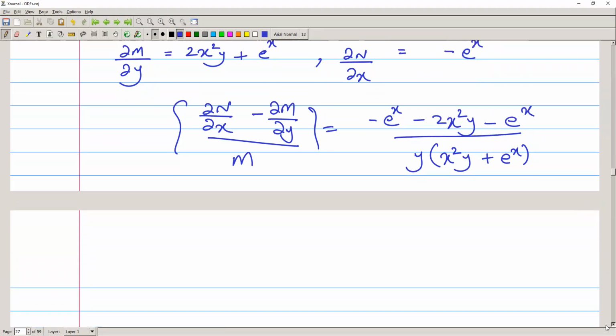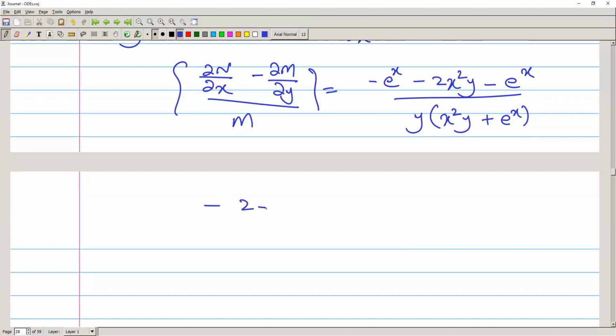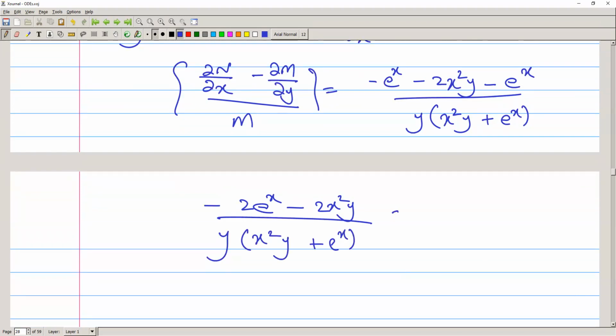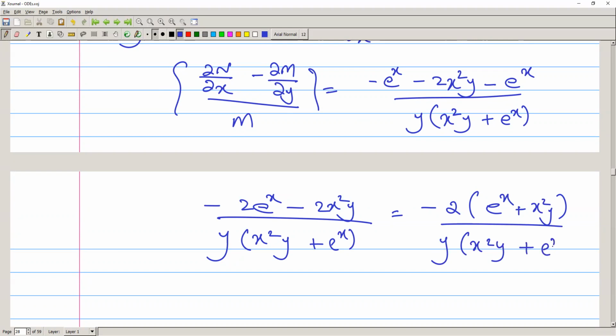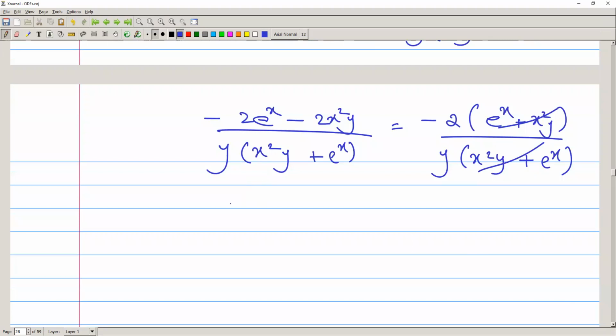So it will be negative 2 e to the power x minus 2x squared y divided by y times x squared y plus e to the power x, which will be equal to negative 2, common, e to the power x plus x squared y divided by y times x squared y plus e to the power x. So these terms can be cancelled out, so we're left with negative 2 over y.